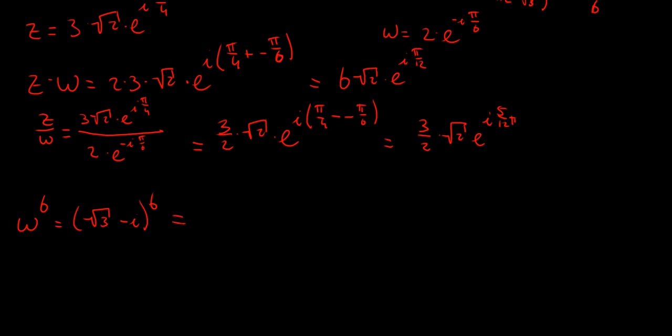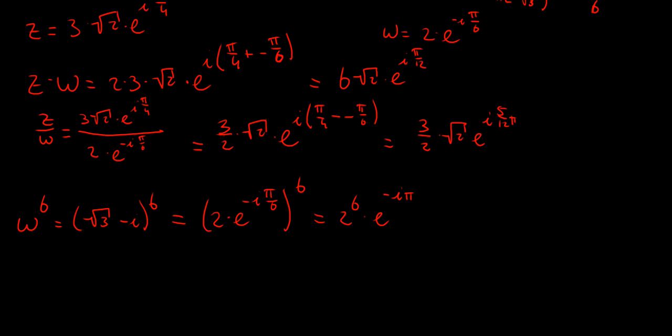However, rewriting this in the polar form, 2 times e to the power minus I pi divided by 6 to the power of 6 is way easier, because this is the same as 2 to the power 6 times e to the power minus I pi, because if you have a power raised to a power, it's just multiplying those powers together.